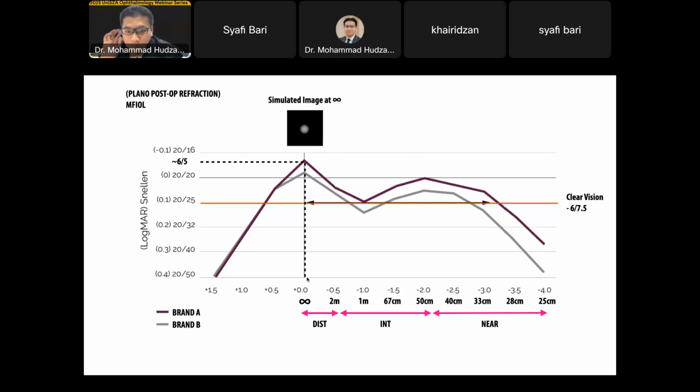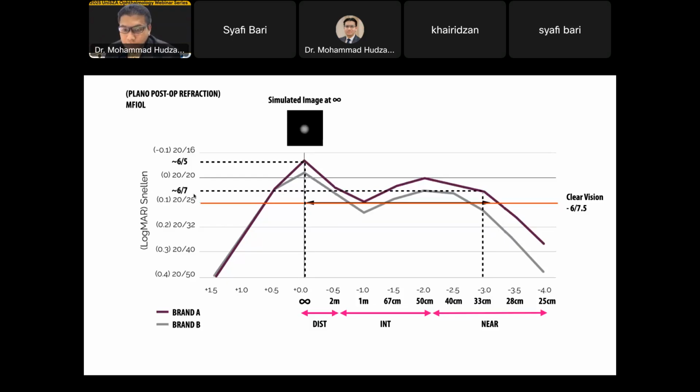So no residual power. Post-op refraction is plano. So at distance, the vision is 6/5. And if we see the simulated image at infinity here, the image is perfectly in focus. Okay? And then at near, patient can have a vision of around 6/7.